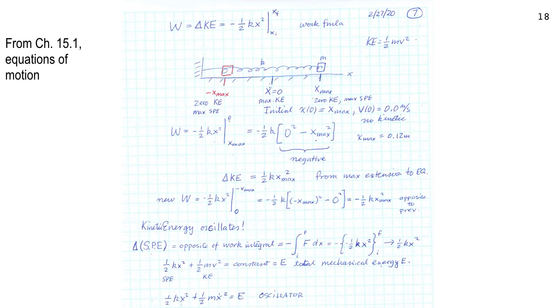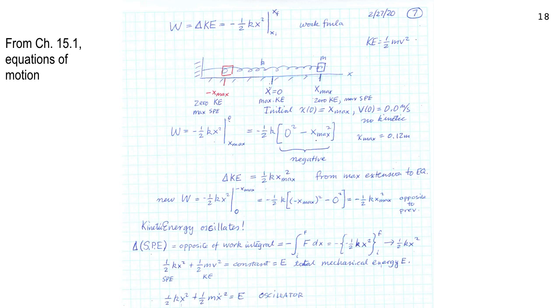All right, so here we go. How do we do this? Minus 1/2 k. Now how does it go? Is it x max squared minus 0 squared? It's 0 squared. Are you sure? You do the top one first? All right, good. 0 squared minus x max quantity squared. Now x max might be like 0.12 meters or something like that. So this is going to be a positive number.